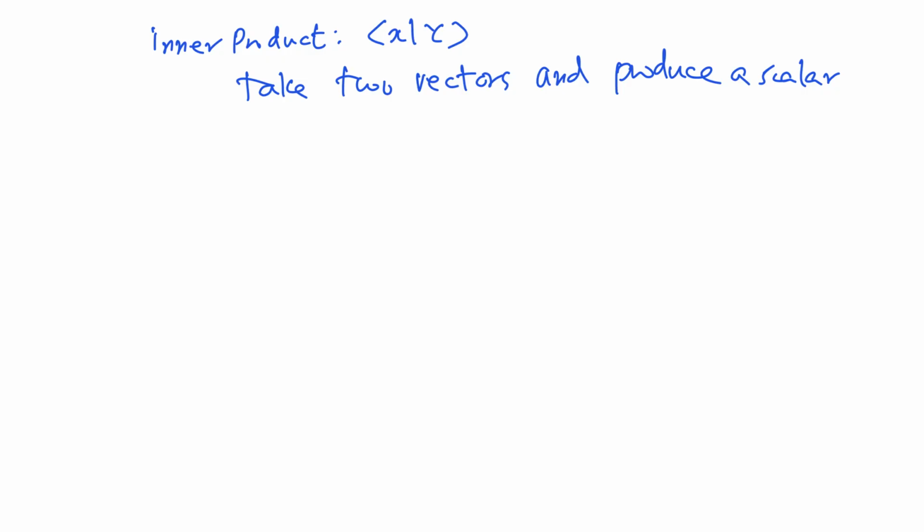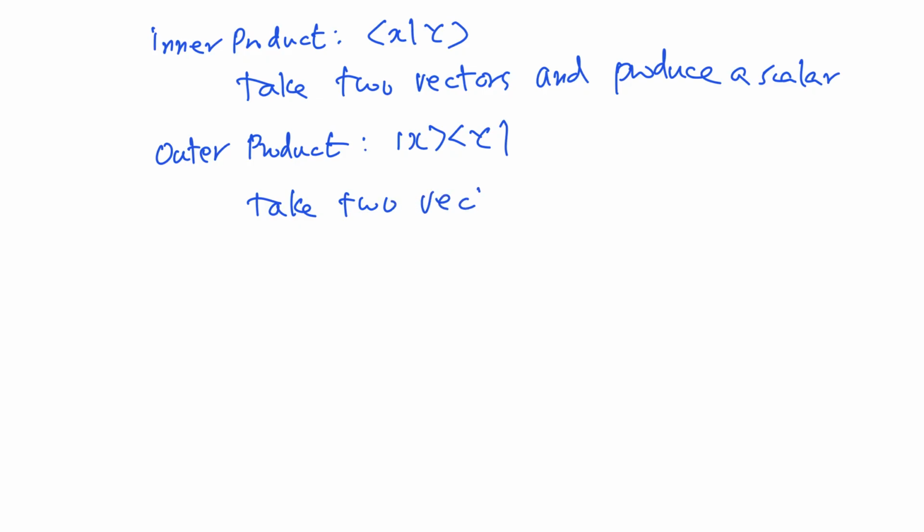Outer product, on the other hand, the initial part is the same. Take two vectors, and produce an n by n matrix.